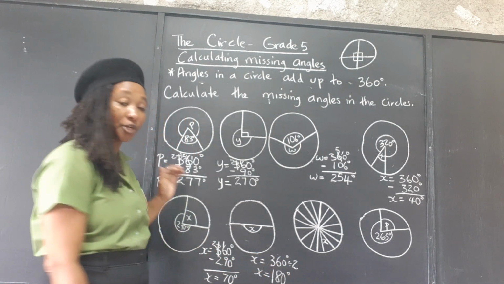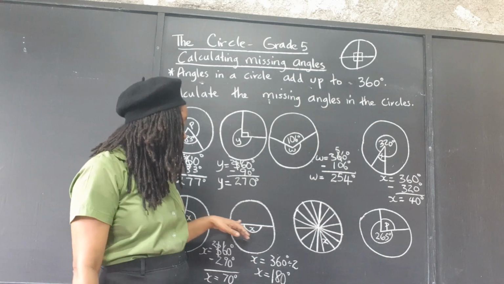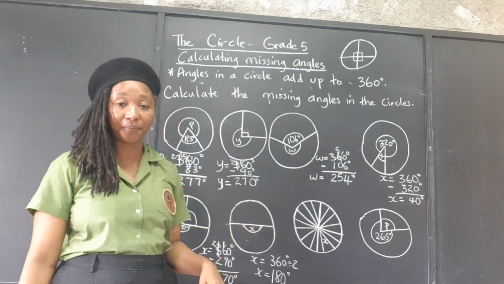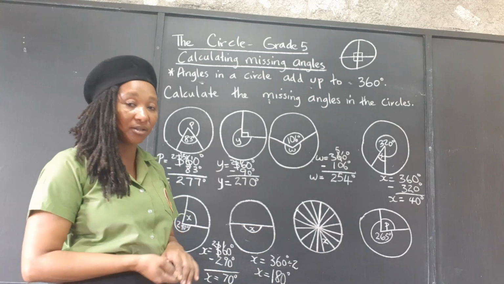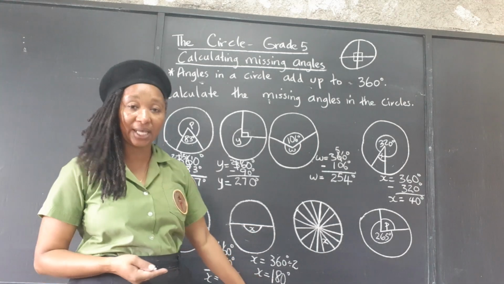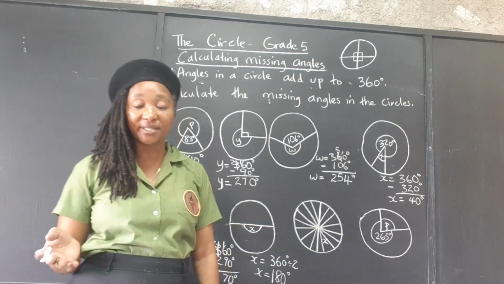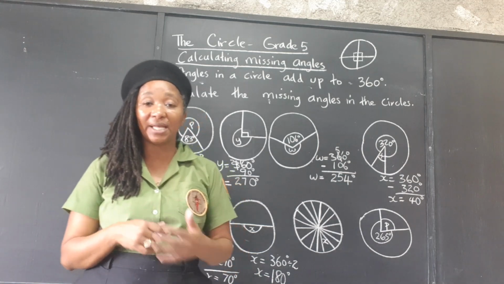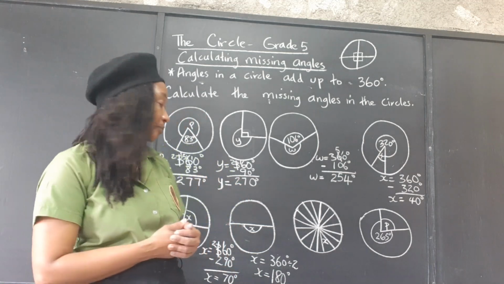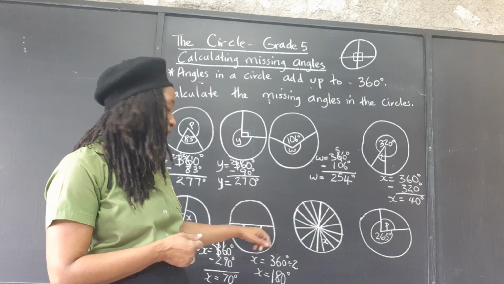So remember that: the angle formed on any straight line is 180 degrees. Angles on a straight line equal 180 degrees. So the diameter divides the circle into two 180 degree angles, one above it, one below it.